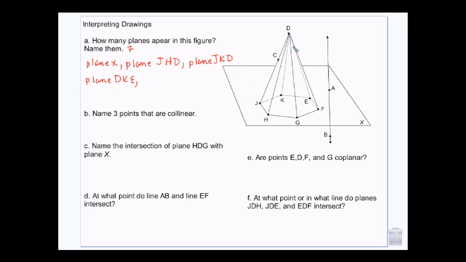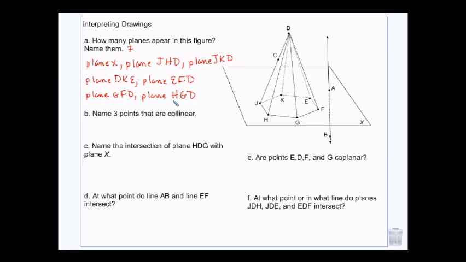And then I have this side that contains E and F and D. The one with G, F, and D. And finally the front, which is the H, G, and D. So I've got 1, 2, 3, 4, 5, 6, 7. I got them all. So far, okay?